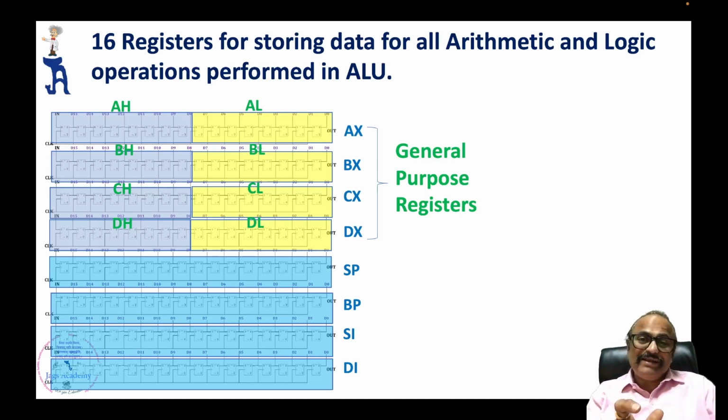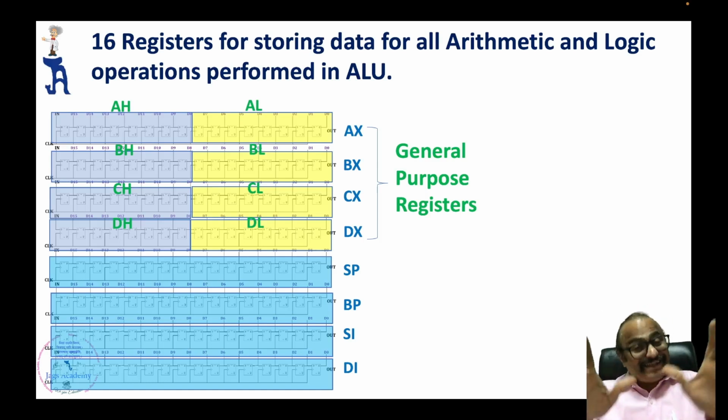For example, my data is 8-bit. When my data is only 8-bit, why should I go for 16-bit? In such cases, these general purpose registers can be used as two 8-bit registers. For example, in the AX register, you can use the upper 8 D flip-flops as the AH register, and the lower 8 flip-flops as the lower 8-bit register AL. So you can put two different 8-bit data into AH and AL separately.